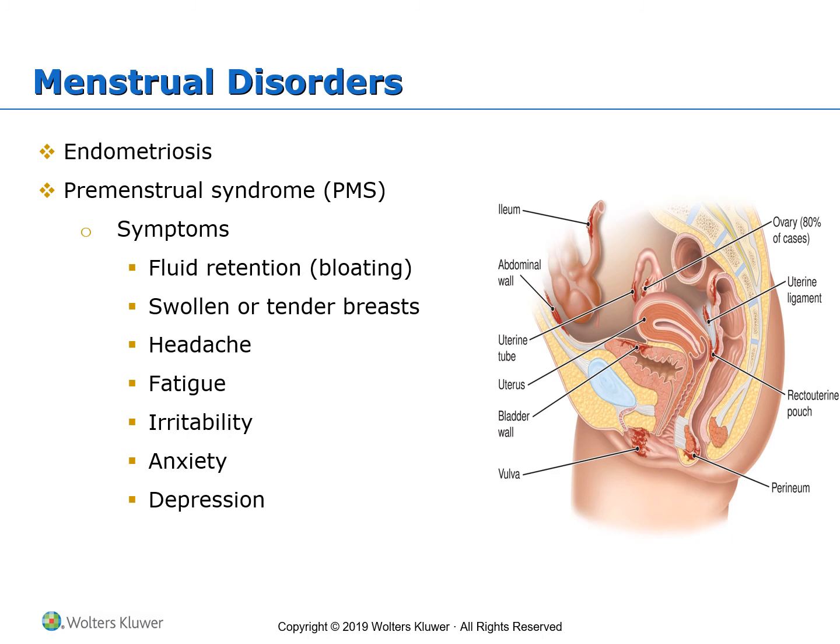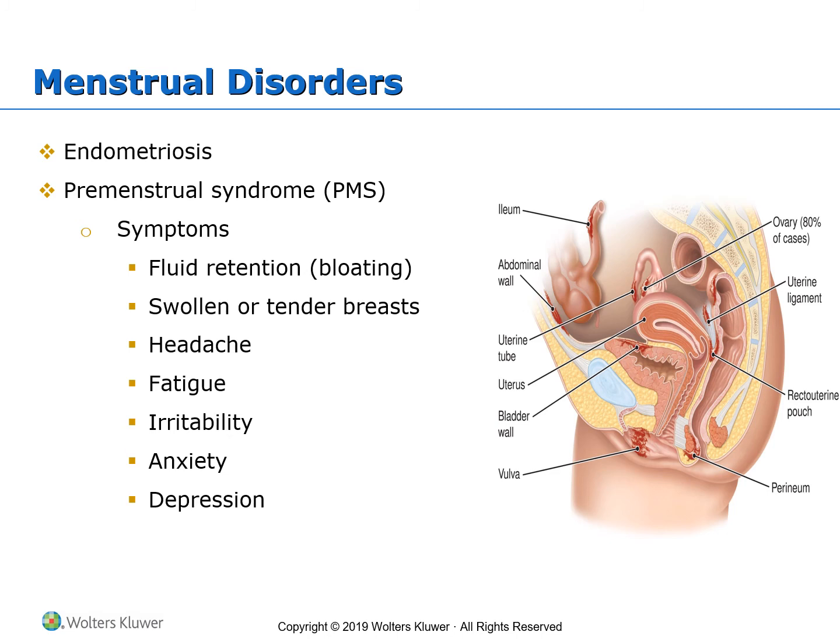The main symptoms are the result of the fact that this abnormally situated endometrial tissue, one theory being that it's a backflow of the menstrual cells through the fallopian tube into the abdominal cavity.